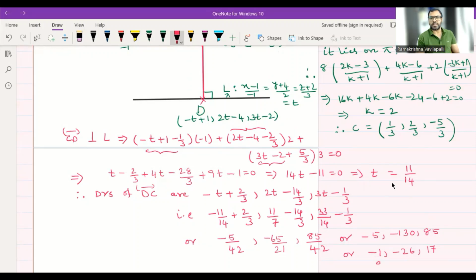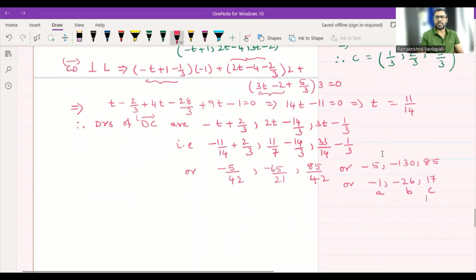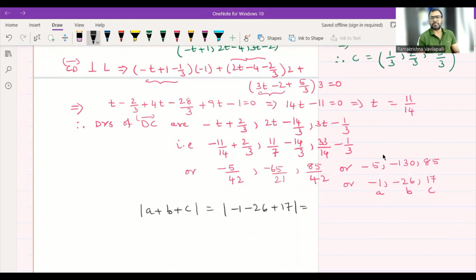So this value is A and this is B and this is C. So they are asking what is the modulus of A plus B plus C. Direction numbers means proportional to DCs. So this is modulus of minus 1 minus 26 plus 17. This is equal to 10.